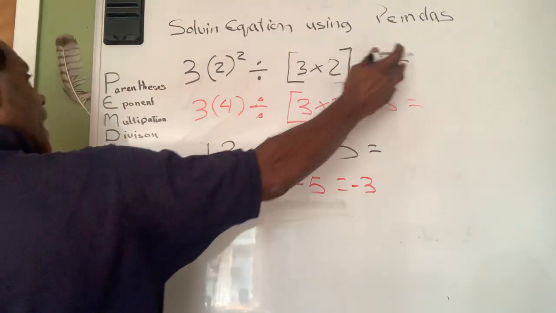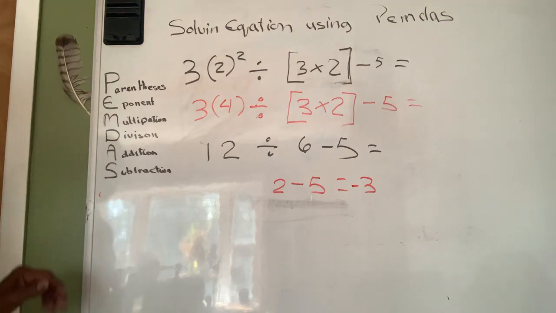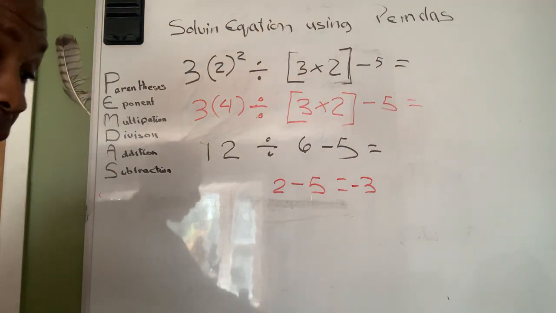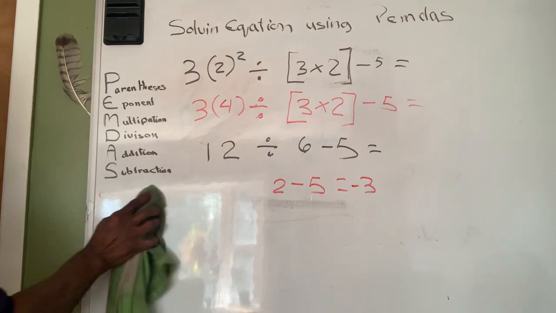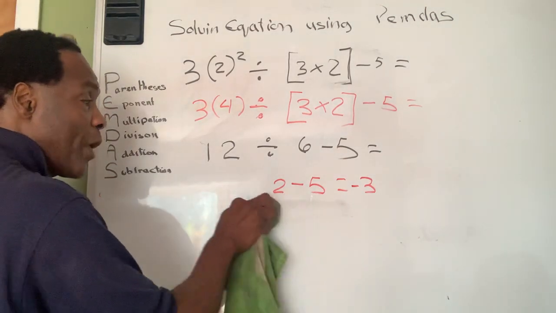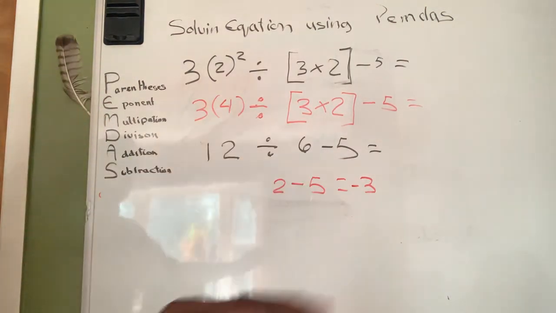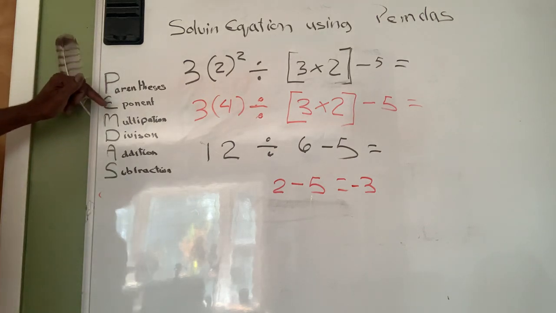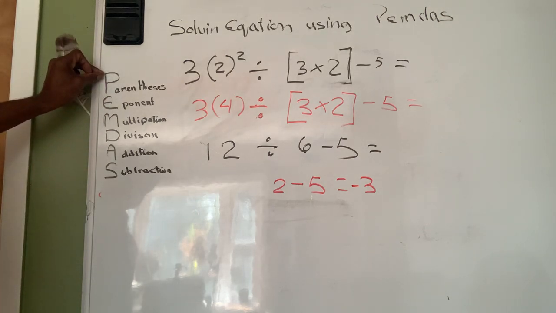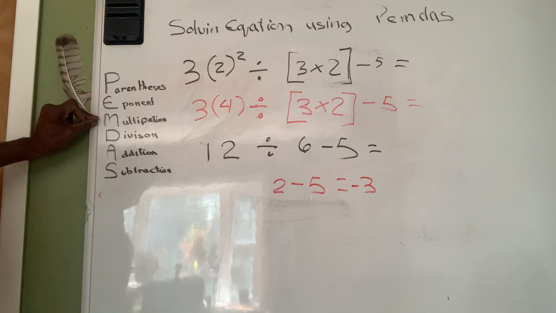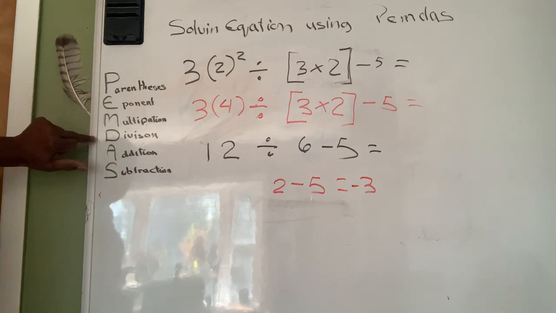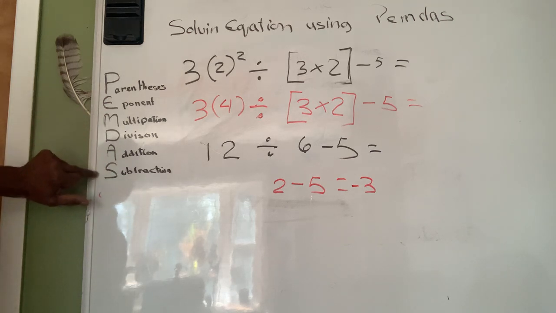So we have to come up with an answer, and we need a formula, an operation order, so that we know where to start. So you have parentheses, exponent, then multiplication, division, addition, subtraction.